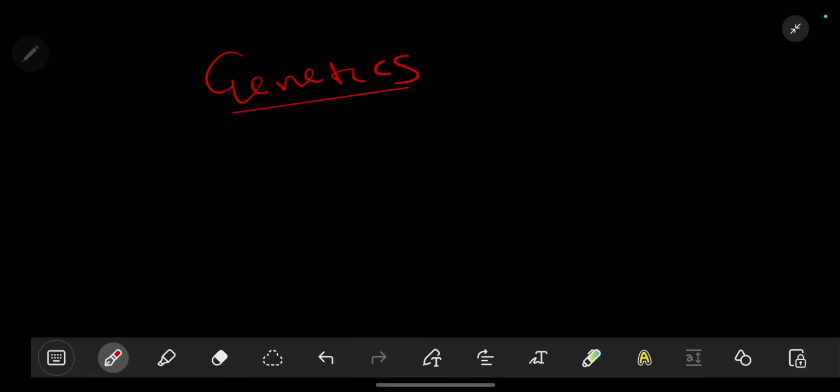So here today we are going to be looking at the introduction to genetics. To begin with, what is genetics? Genetics is simply the scientific study of genes and heredity.